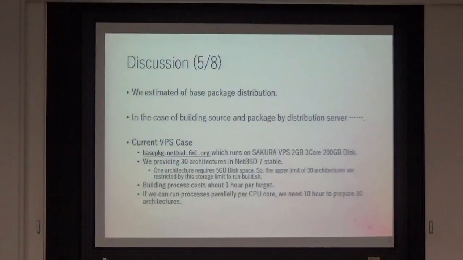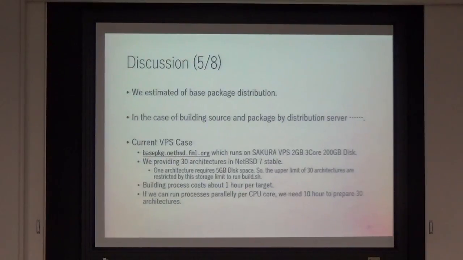Currently, we provide 30 architectures in the NetBSD 7 stable branch. One architecture requires 5 GB disk space. So the upper limit of 30 architectures is restricted by this storage limit to run build shell.